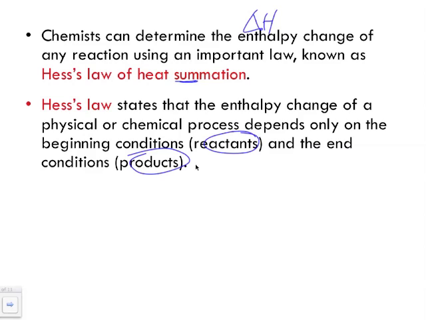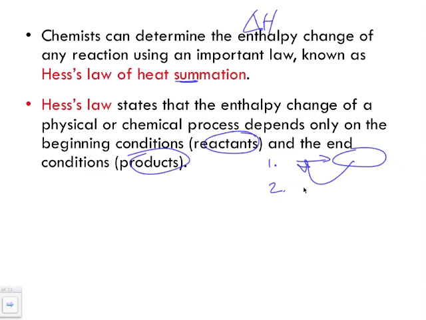So if you've got intermediate reactions that take place in the middle, you might have some type of chemical equation that goes in one direction, and then the products in that reaction might react with something in the reactants and form a second equation.